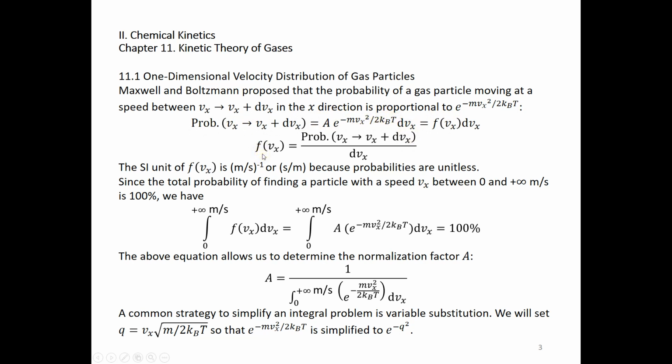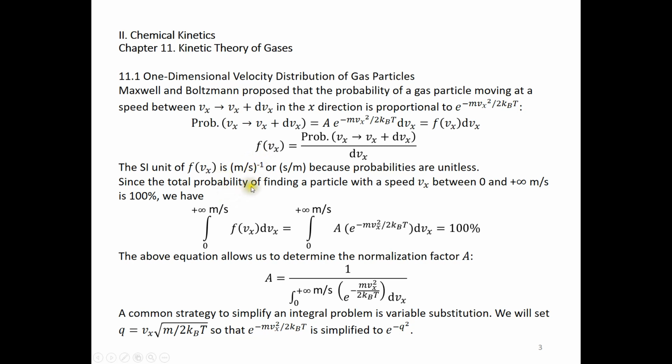The probability density function is the probability of that range divided by the range. The SI unit of probability density is second per meter. It sounds weird, but probability is unitless. On the bottom we have a unit of meter per second. So that's why this probability density has such a weird unit.